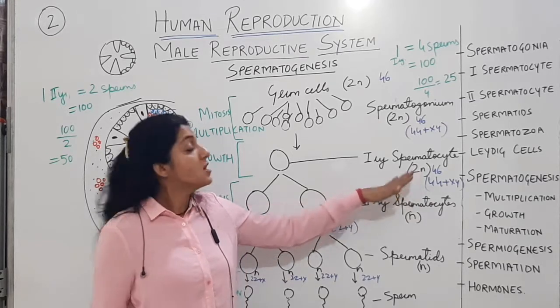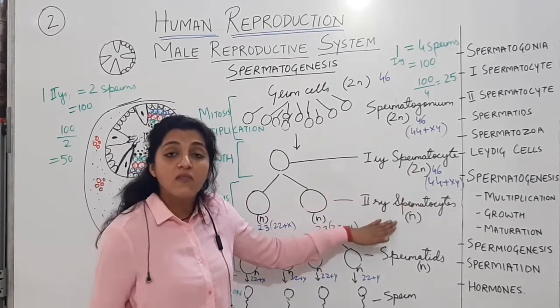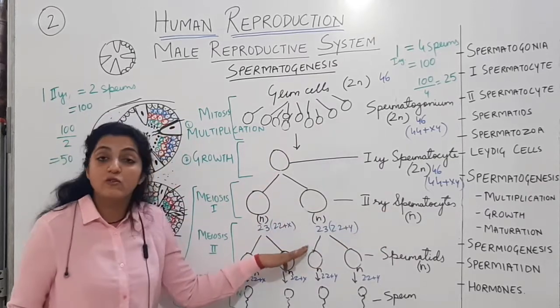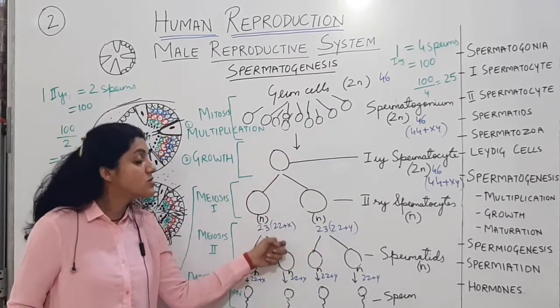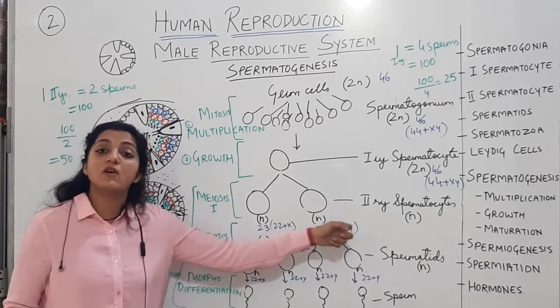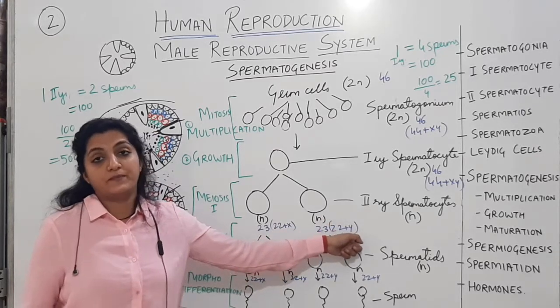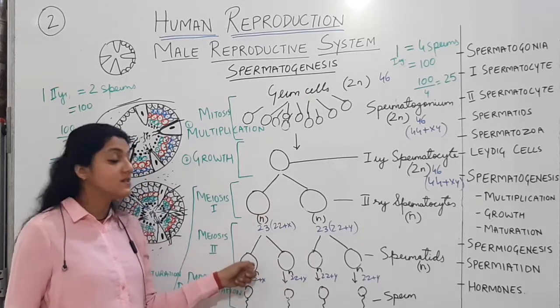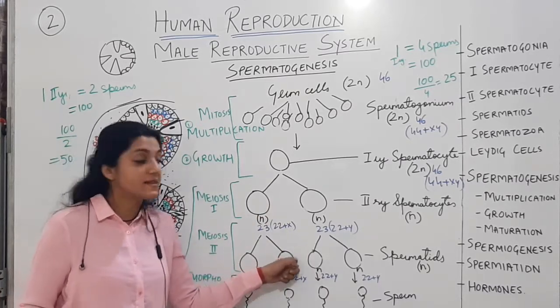Again for your MCQ, the secondary spermatocyte will be the first haploid cell formed in the process of spermatogenesis. Now the genetic constitution is going to change. यहाँ पे 22 plus X हो जाएगा, यहाँ पे 22 plus Y हो जाएगा. And then from here, यहाँ से जो daughter cells मिलेंगे वो 22 plus X, 22 plus X रहेंगे.